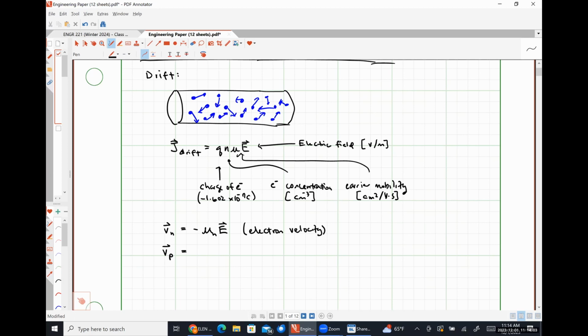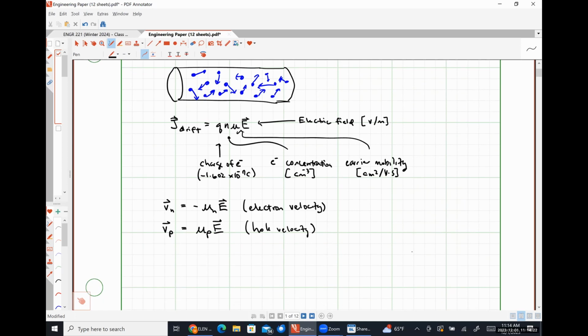So V sub P is going to be positive mu sub P times E. And this is our hole velocity. So in a semiconductor, our drift equation will have contributions from both electrons and holes.